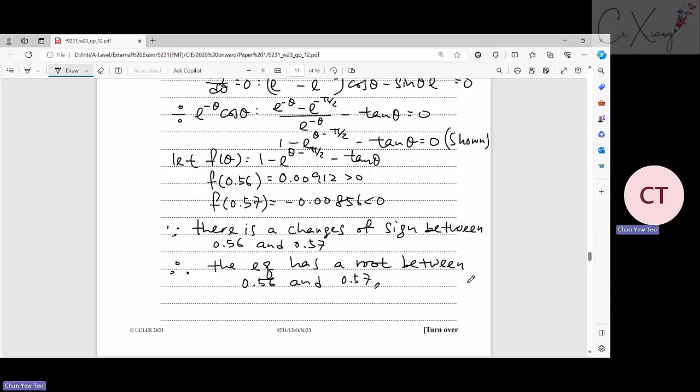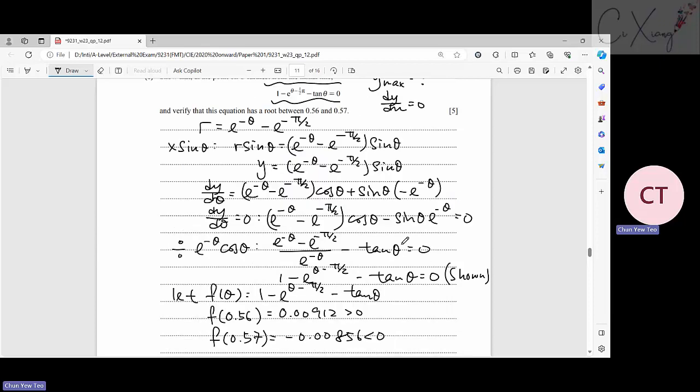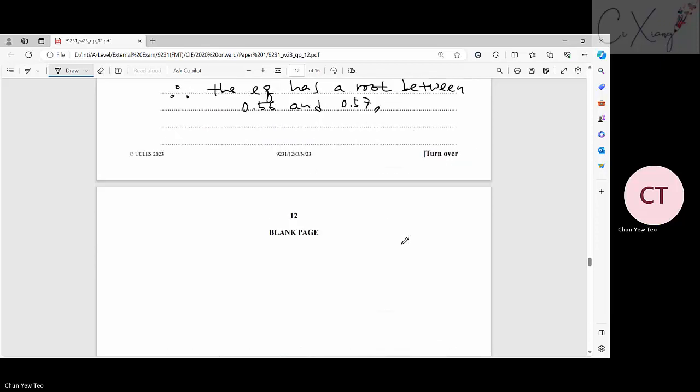Just like that. That will be the answer for question 6C.